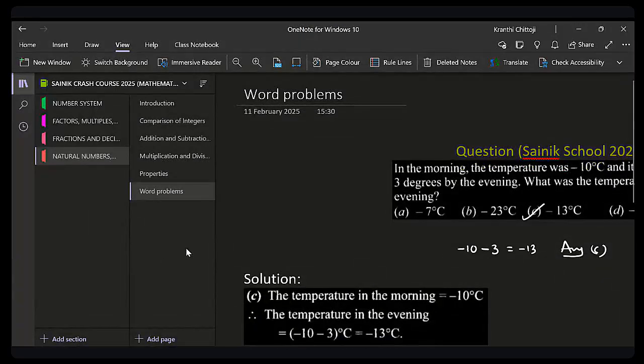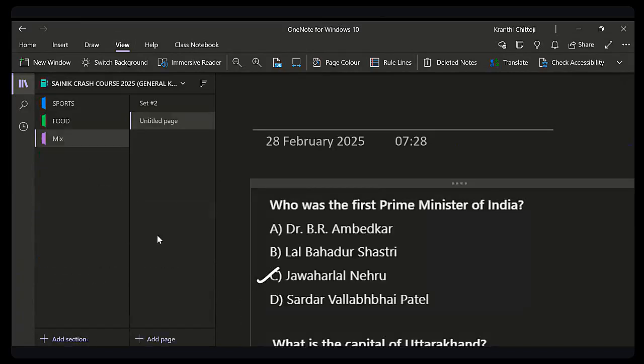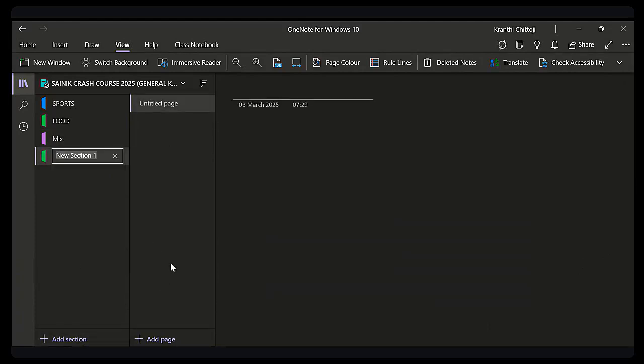Okay, we'll stop this and we will start a new chapter tomorrow in maths. So next, let's start with GK. Today's topic is scientific devices.